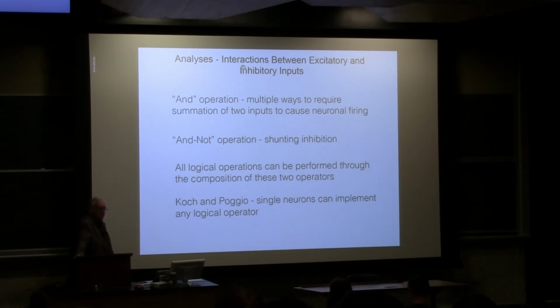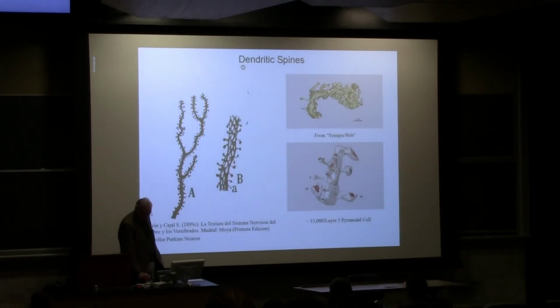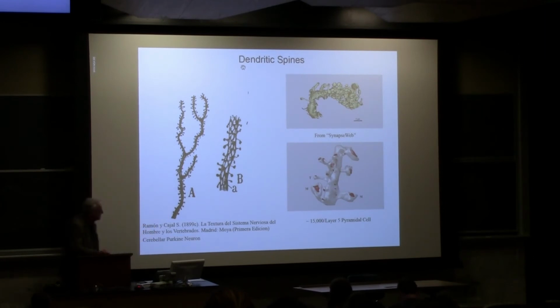So dendritic distribution is a good thing. Sending inputs to electrically distinct regions of the cells is good if you want to effectively drive and excite the target cell. And then we talked about building these neuronal AND NOT operators and how neurons can perform logical computations of arbitrary complexity in the dendritic tree.